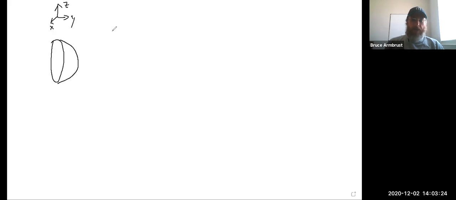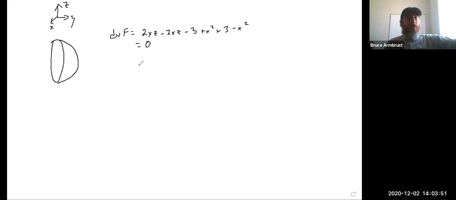So let's get the divergence of F. If you go back and look at that, it was 2xz minus 2xz minus 3 plus x squared plus 3 minus x squared, which many of you told me was actually 0. Okay, so we get that the total divergence here is 0.